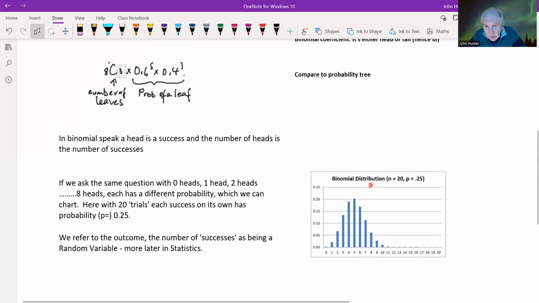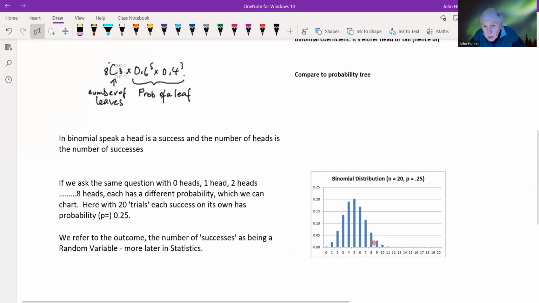This actually goes to slightly different numbers. Here we've got 20 trials with a probability of success of 0.25. So each success on its own has a probability of 0.25. We can graph all those, and these are the probabilities that we would get.